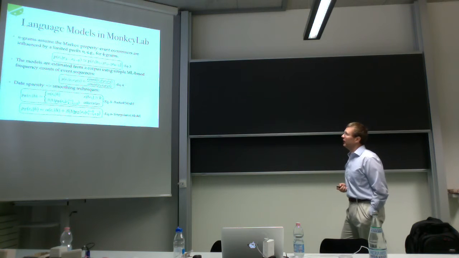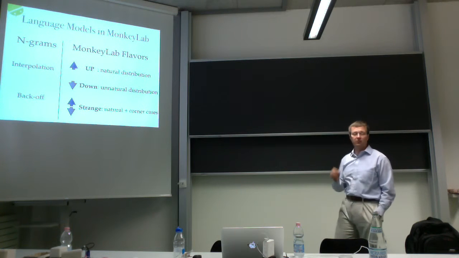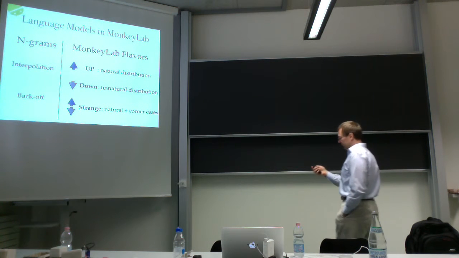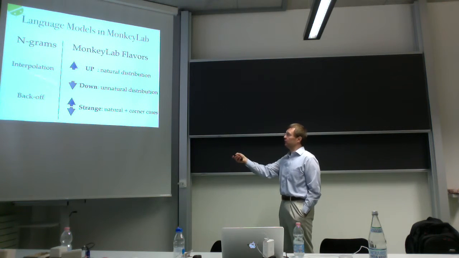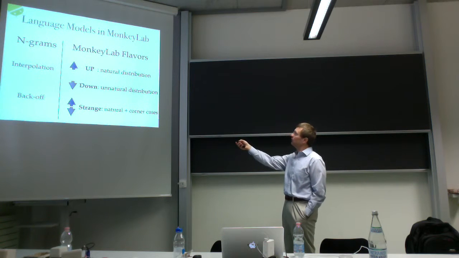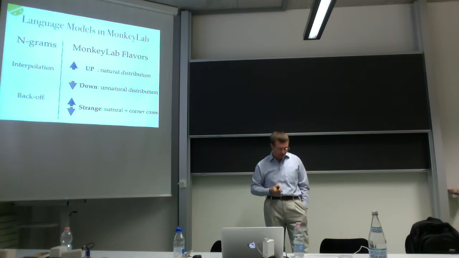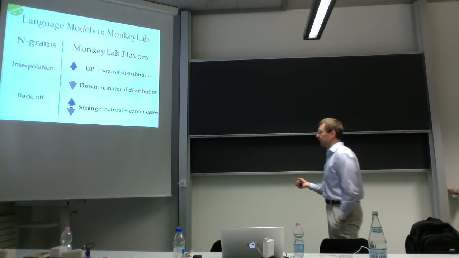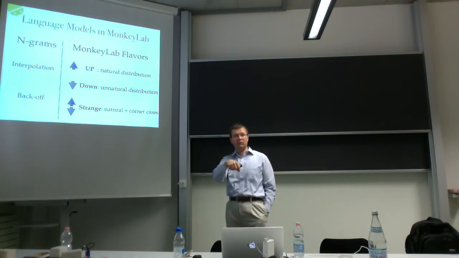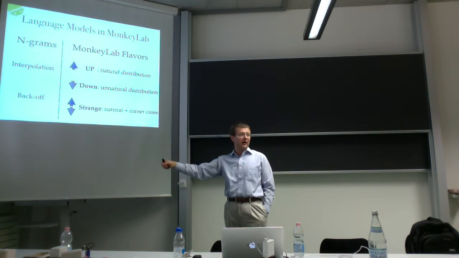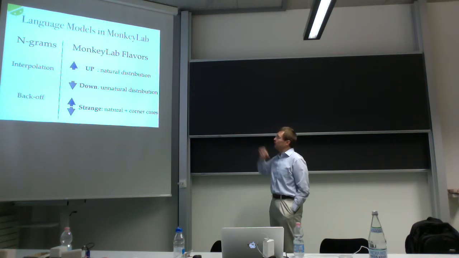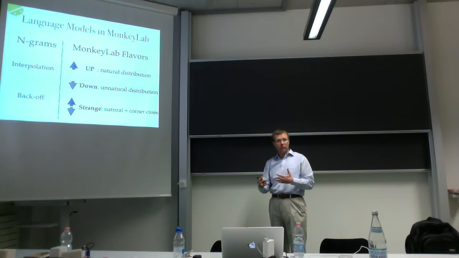So having all this in mind, we essentially designed several different flavors of our testing engine. Essentially, we use both interpolation and backoff, but most importantly, our intuition was to design a sampling engine that would be able to sample from natural distributions as well as unnatural distributions, as well as combinations of those distributions, because we would like to be able to model natural usages of the application from data, right?